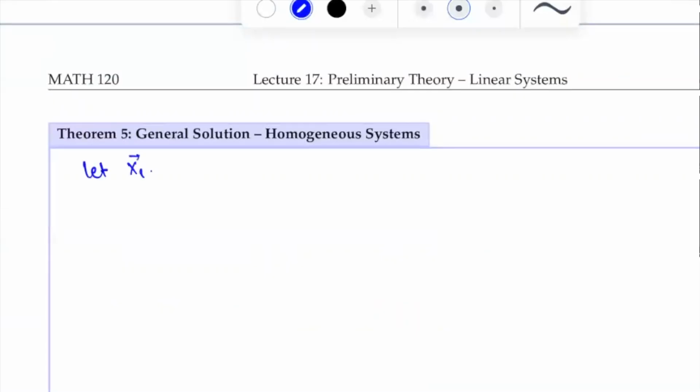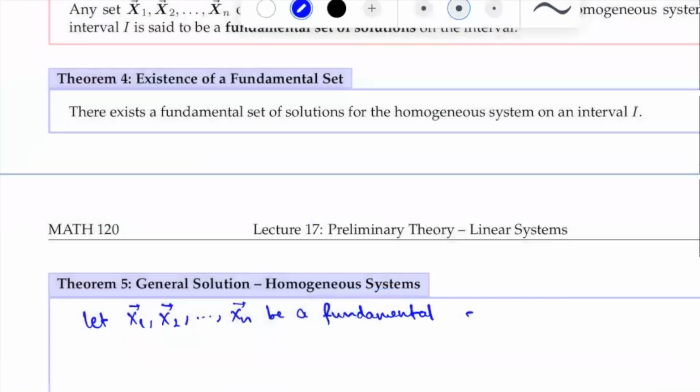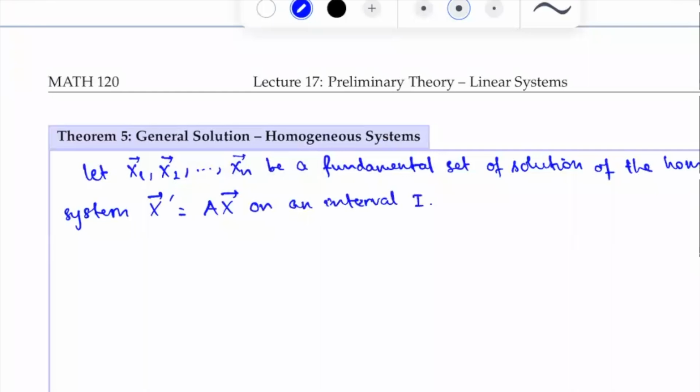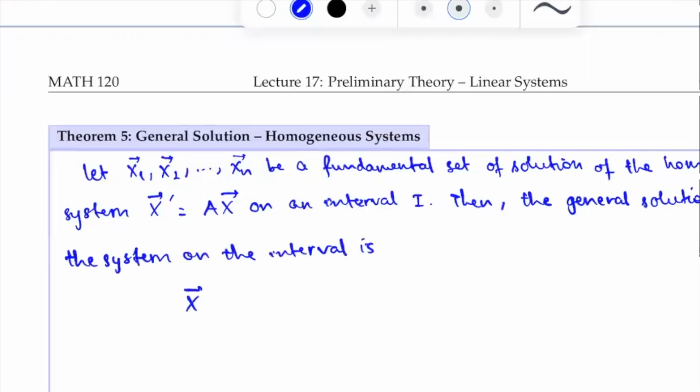In other words, let vectors x1, x2 up to xn be a fundamental set of solutions of the homogeneous system x prime equals A times x on the interval I. Then the general solution of the system on the interval is x equals c1 times x1 plus c2 times x2 plus up to cn times xn.